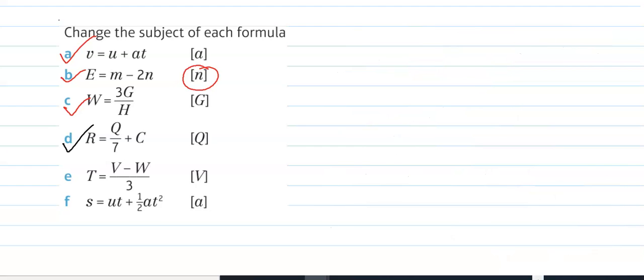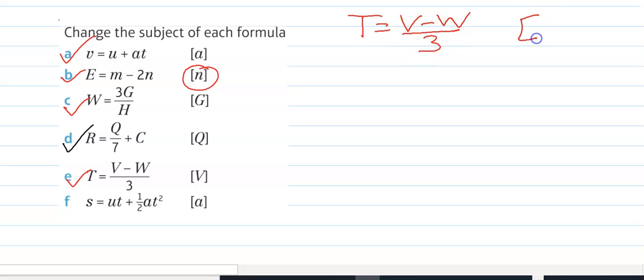Okay. So next question is T equal to V minus W divided by 3, and you need to make V the subject. Okay. So with V, if you see here is minus W and 3. We need to get rid of this.